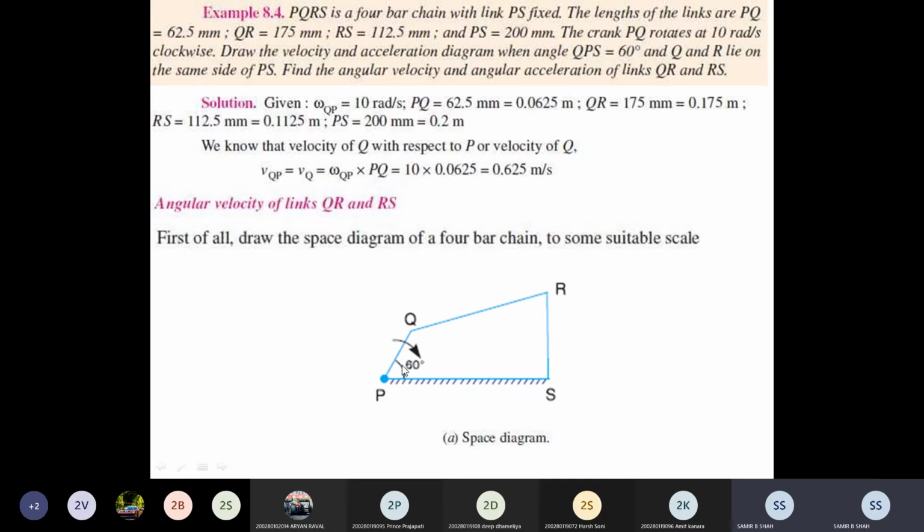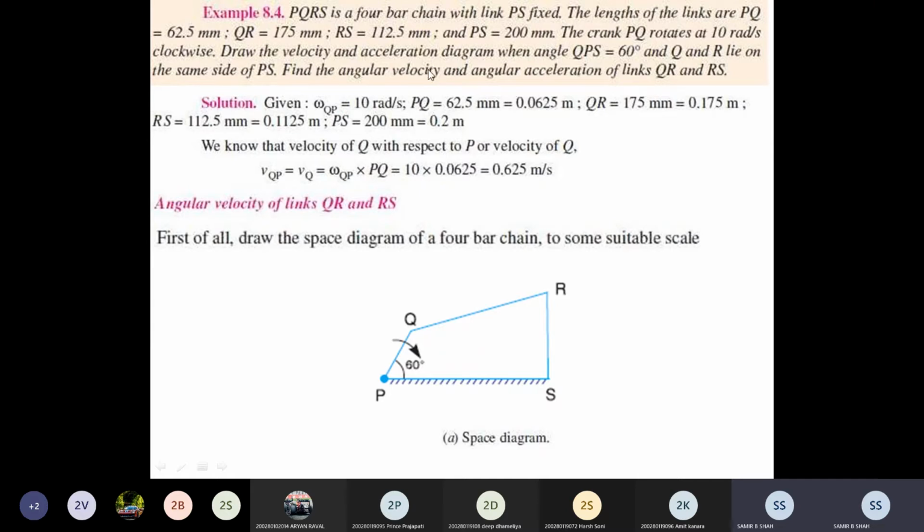Now, the angle is also given: the crank PQ rotates at 10 radian per second in the clockwise direction. So the direction is given to you, and the speed is also given to you for link PQ.